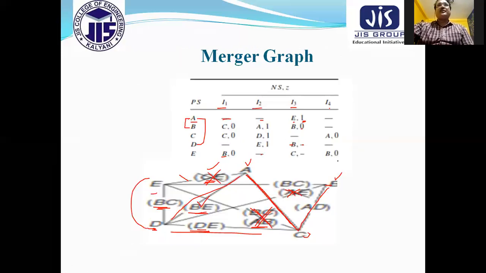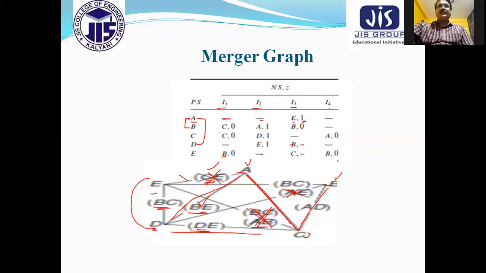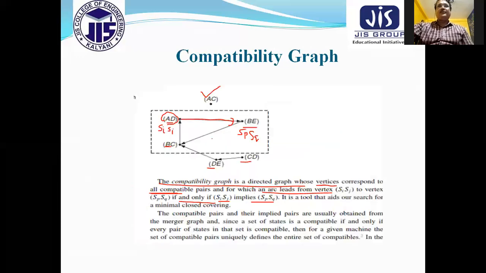You can check from this merger graph: A and D is my edge, and what is implied by it is Sp, Sq, which means BE. That is the reason we have drawn the directed edge from AD to BE.